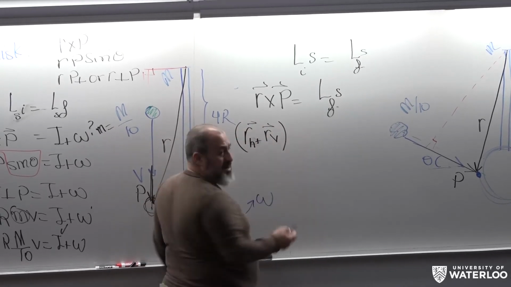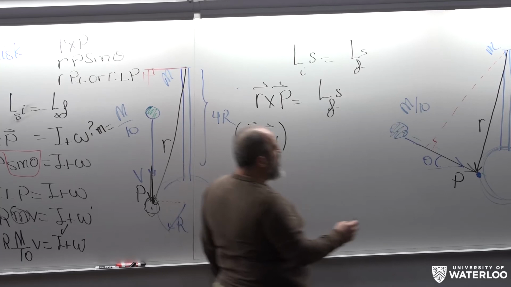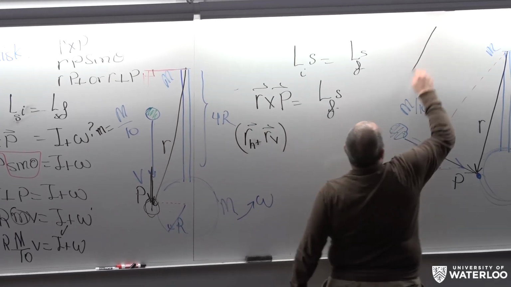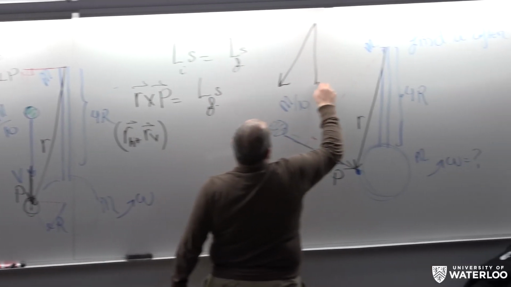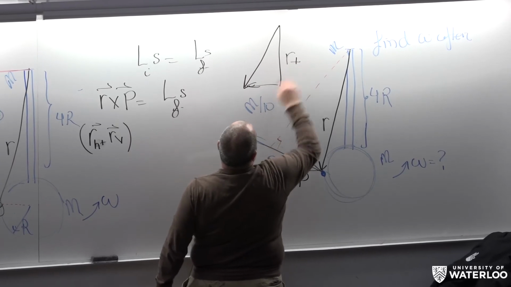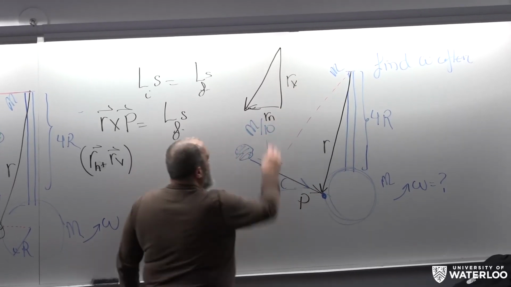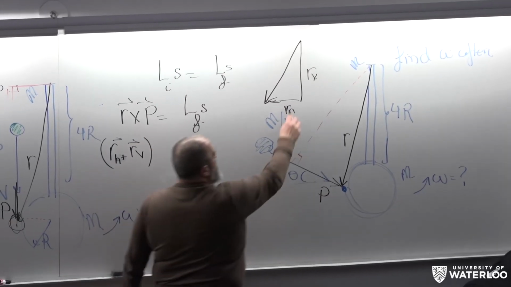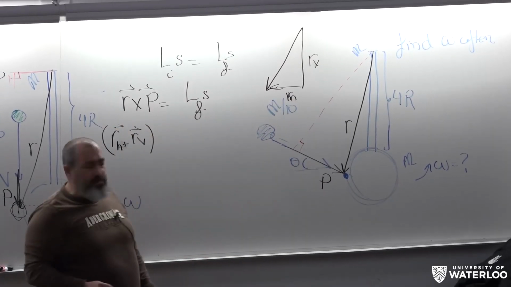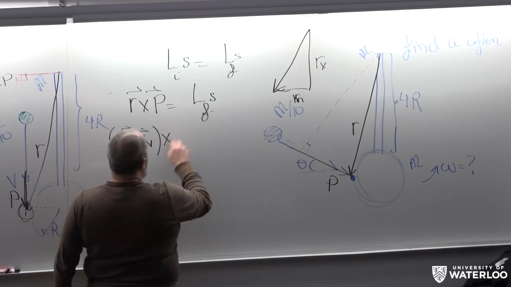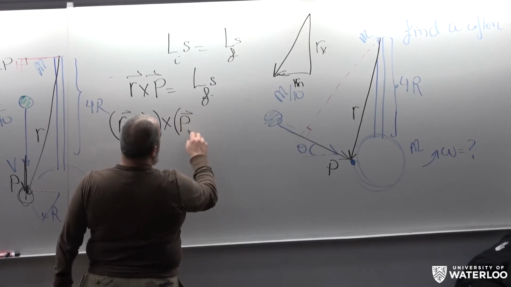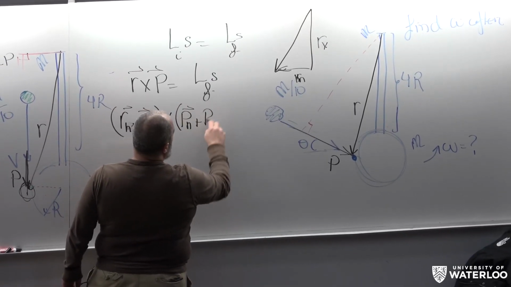Right? That's R. Any vector can be broken up into this and that. Same with P: P horizontal plus P perpendicular.